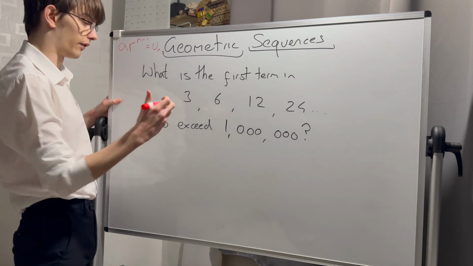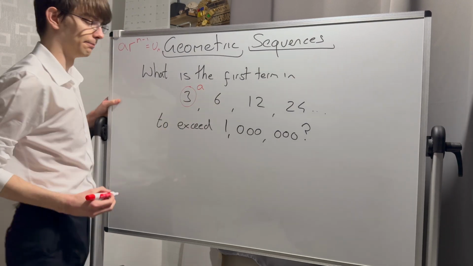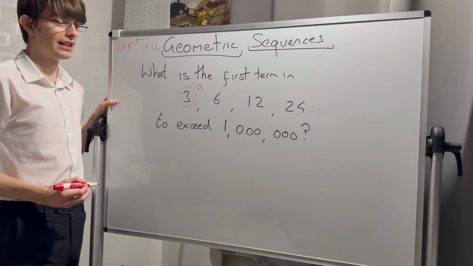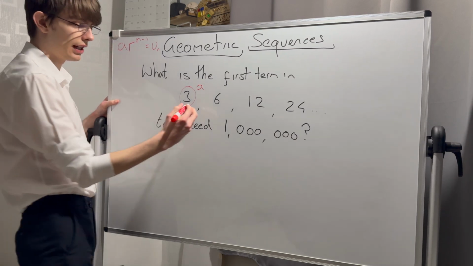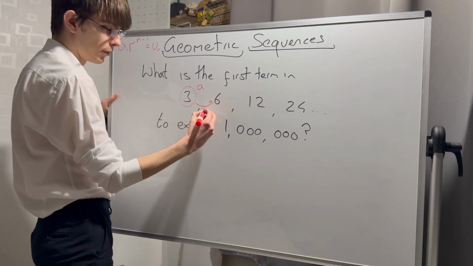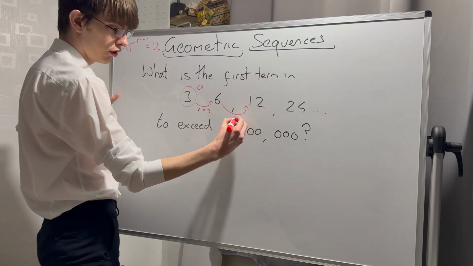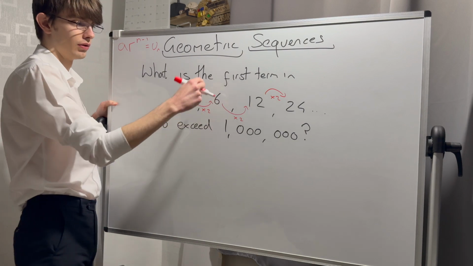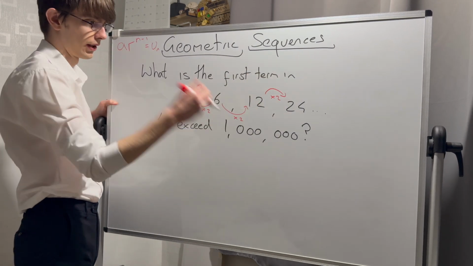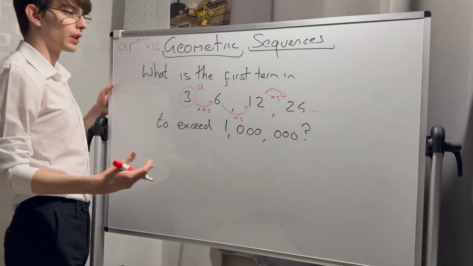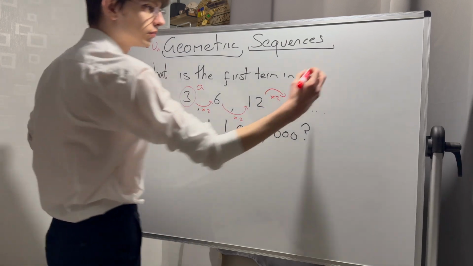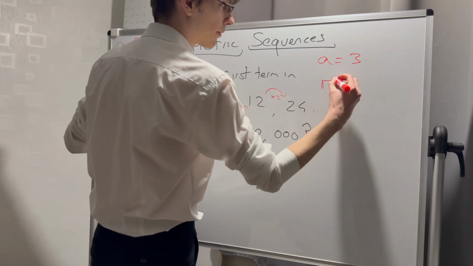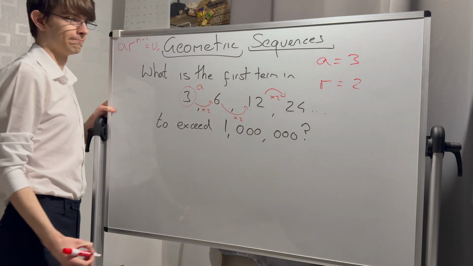What's my A? What's my first term? Well, that is 3. That's nice and easy. Same thing with my R. Well, each term I'm multiplying by 2. 3 times 2, 6 times 2 is 12, times 2 is 24. So I know that my A is 3 and my R is 2.